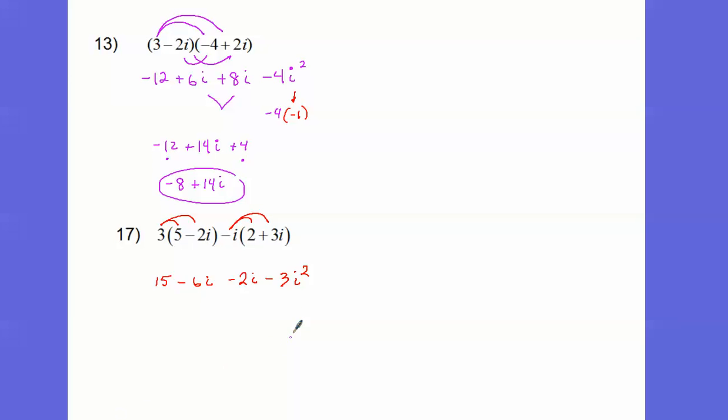Notice one more time, this i squared will become a negative 1, which will multiply with the preceding negative 3. Also, these are my like terms. Negative 6 combined with negative 2 should give me negative 8i. This is going to become a positive 3. We're going to bring down the 15. I one more time have two like terms. I should be able to combine and give 18 minus 8i. We are complete here.